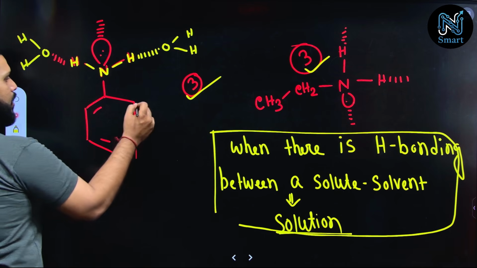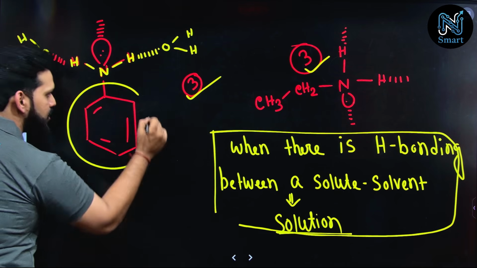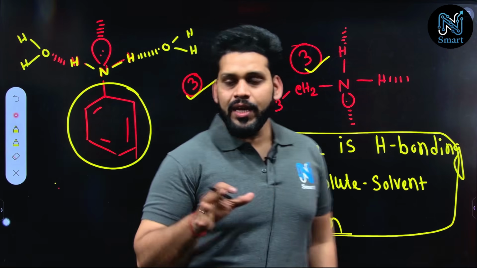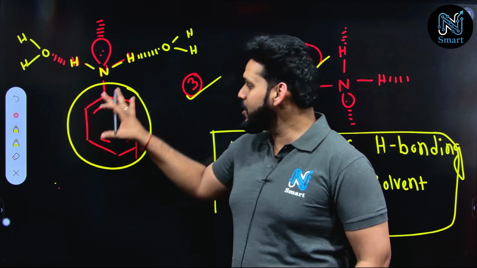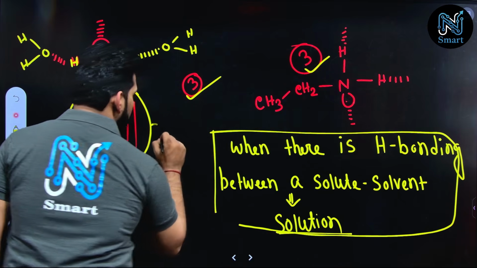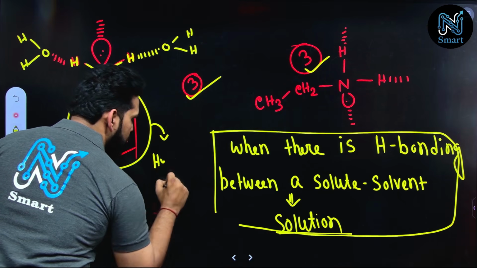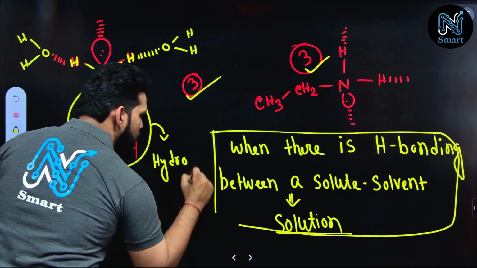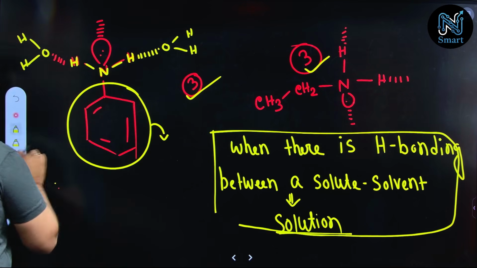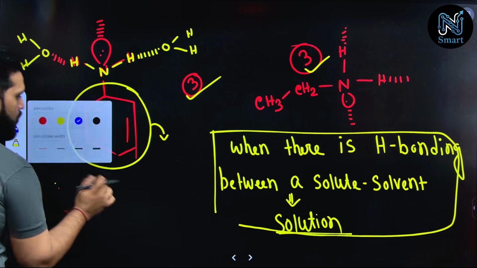See, it is because of this benzene ring. What is wrong with the benzene ring, guys? In the benzene ring, this part is hydrophobic. I guess this handwriting won't be visible, so I'm going to write it down here.